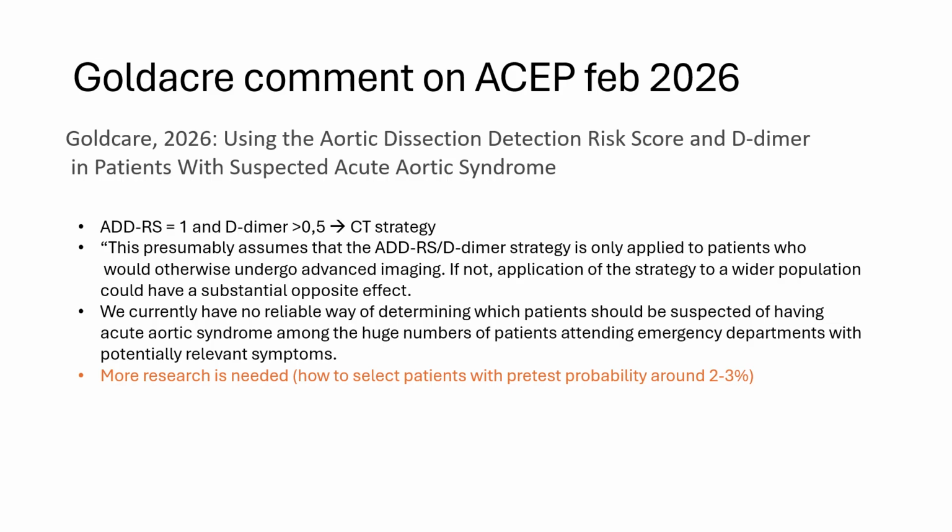That's where the thing falls down for me. As long as we don't suspect other dangerous conditions, then this strategy might work out fine. But if we do suspect other things that are dangerous, then I'm not sure.